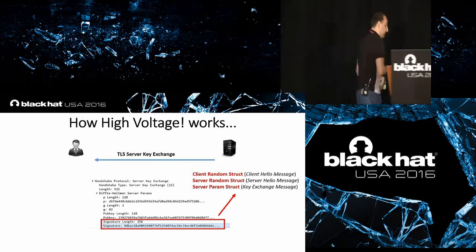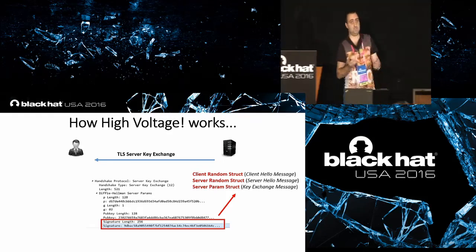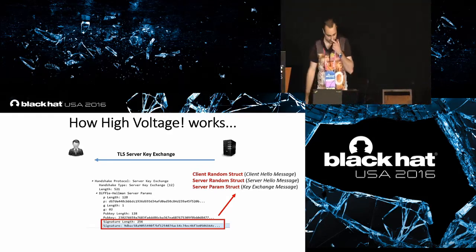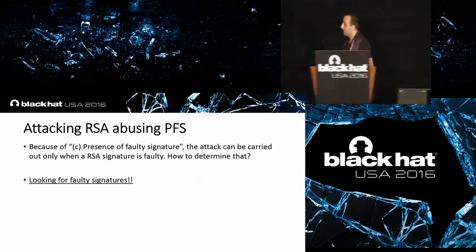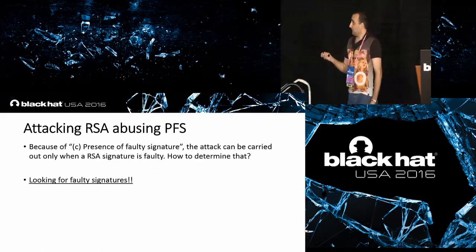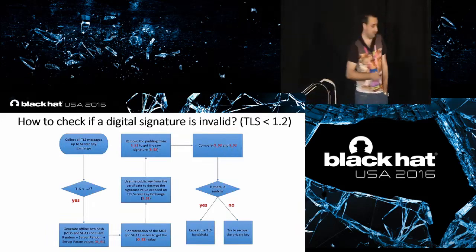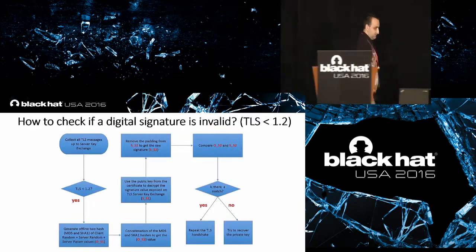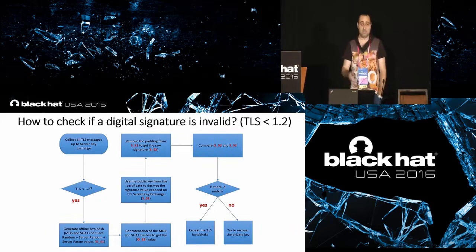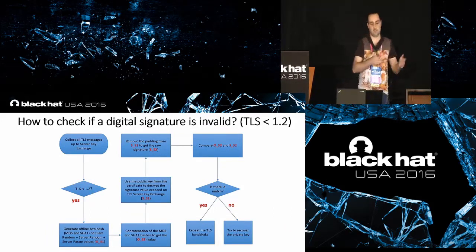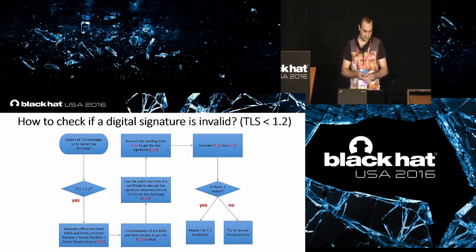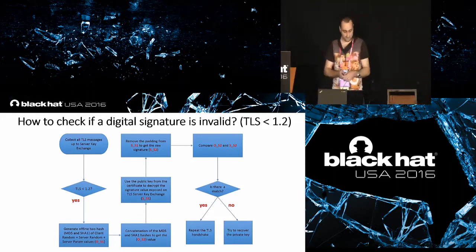And as I told you previously, the presence of a faulty signature is very important. So, how to detect a faulty signature? Just looking for them. For example, with TLS 1.1 or TLS 1.0, the tool collects all the messages from the client hello up to the server key exchange message, extracting the information that it needs.